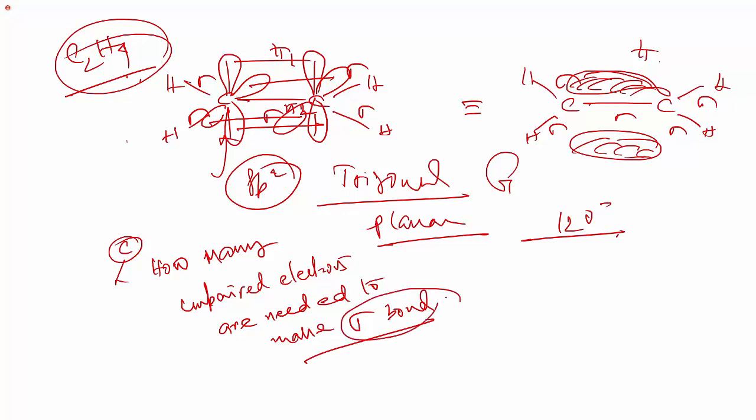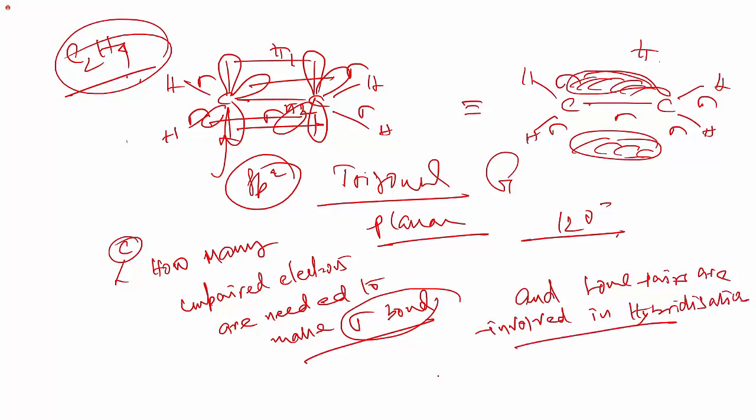This sigma bond and the lone pair are involved in hybridization. Any pi bond is not involved in hybridization.